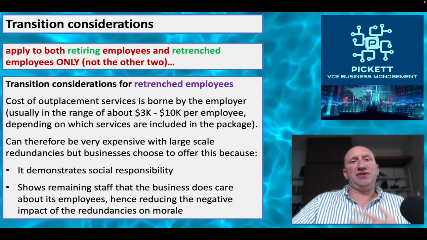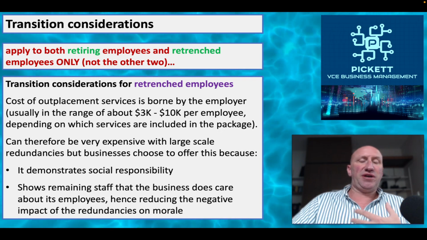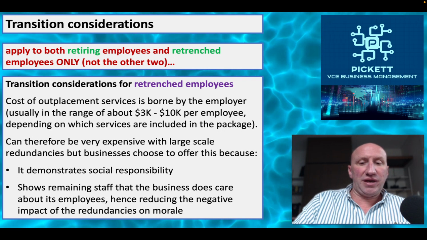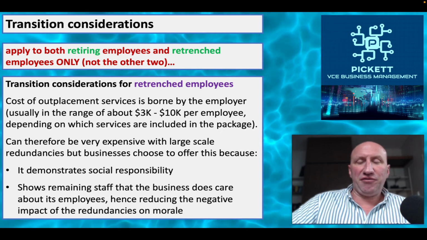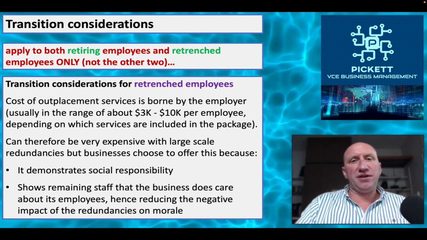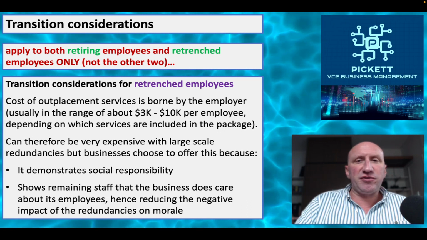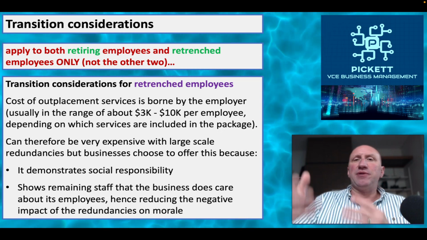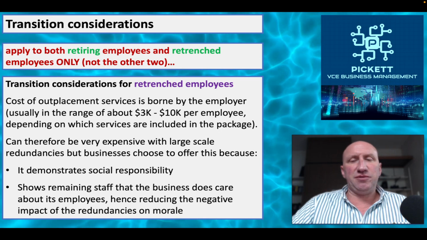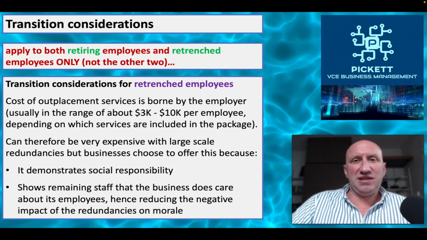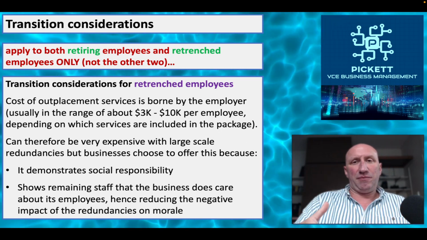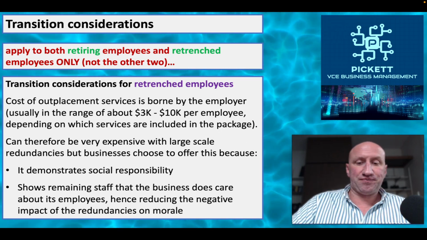But again, I emphasize the business does this because it demonstrates their social responsibility towards retrenched employees. It shows the remaining staff that the business does care about their people, even though we're having to make people redundant. We're doing it in the most comfortable, most ethical way. We're helping people as much as we can to find a new job. And it's all this social responsibility angle, which all businesses are so keen to show, not just inwardly to the remaining employees, but outwardly to the public as well.